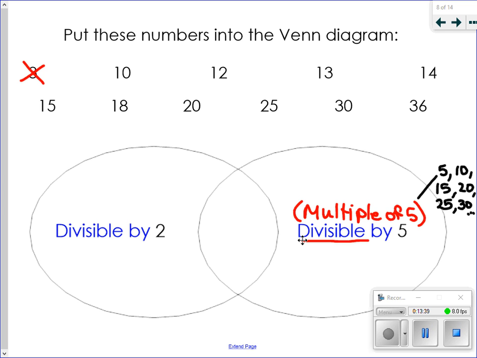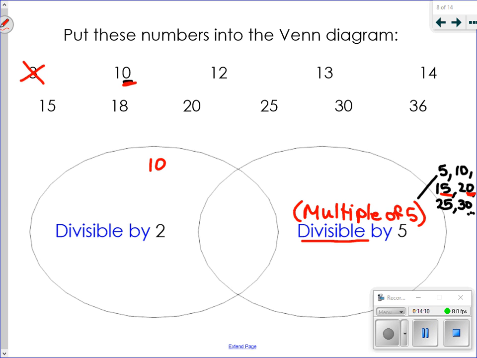What about 10? Is 10 divisible by 2? Numbers that are divisible by 2 will end with 0, 2, 4, 6, 8 in the ones place. Well, that does. So 10 would go here, divisible by 2. What about divisible by 5? Can you divide 10 by 5? Well, does it end with a 5 or a 0?